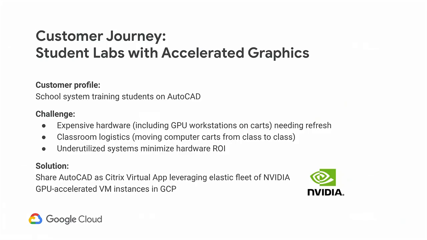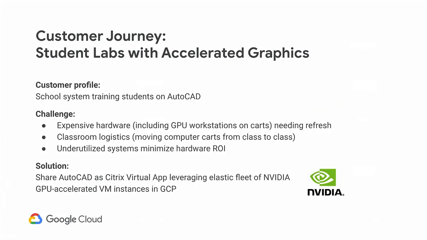So what they ultimately ended up doing was leveraging GCP, our Citrix Virtual Apps and Desktops, and also leveraging NVIDIA's GPU instances that you can run out on GCP. So they're now running these apps out of a GCP location nearby.